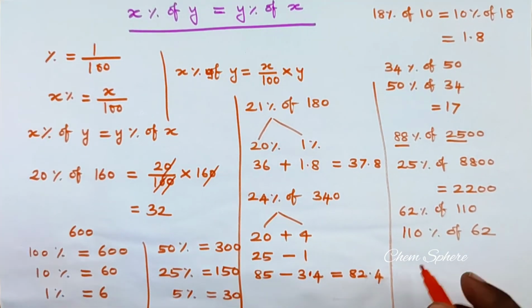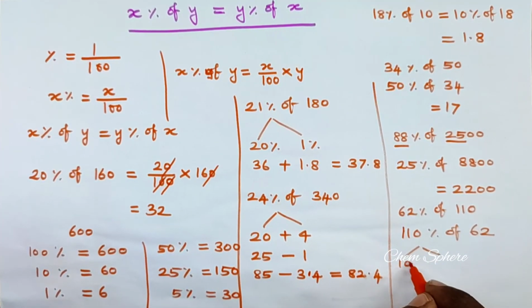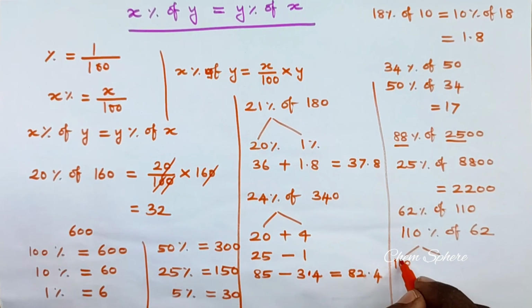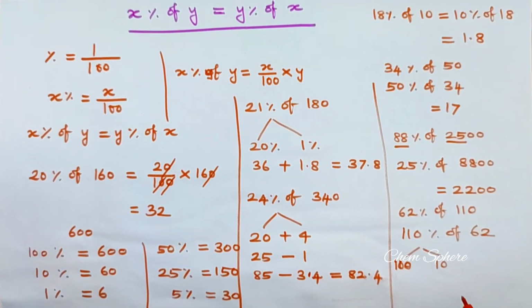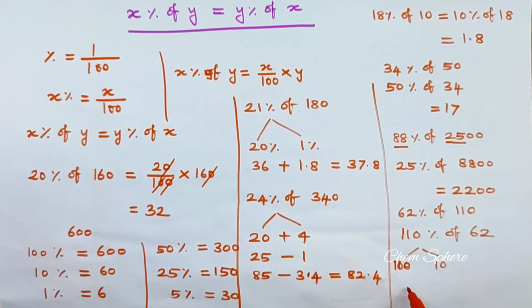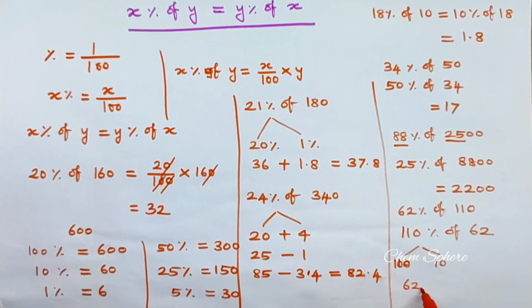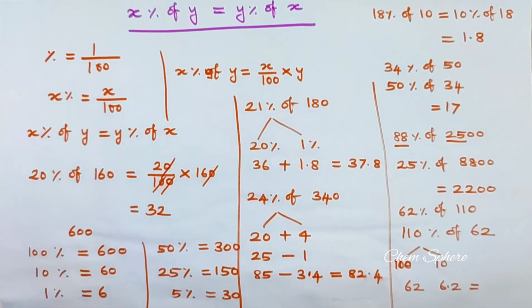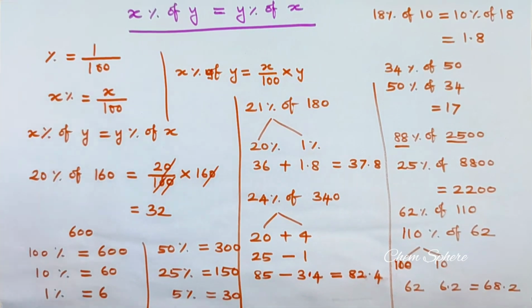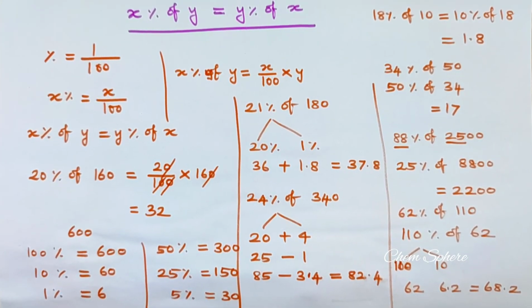See, this is very easy. We can split it into two parts, that is 100 and then 10. Now 100 percentage will be the same as that value, that is the whole number 62, and 10 percentage will be 6.2. Now we get the final answer, that is 68.2.